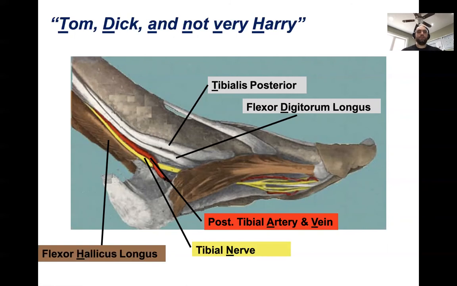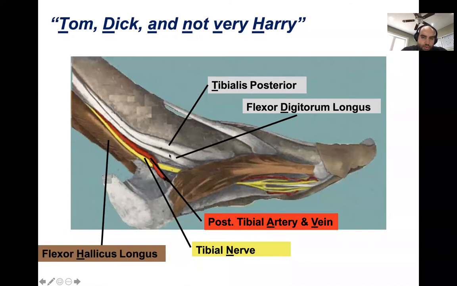And that's because every single word over here, its first letter refers to what we look at in order in the medial foot, right? So starting with the anterior most part, which would be Tom, we have the tibialis posterior tendon. So when we look at the actual foot anatomically, if we're actually holding it, this would be the anterior most tendon that we'd be looking at, okay?